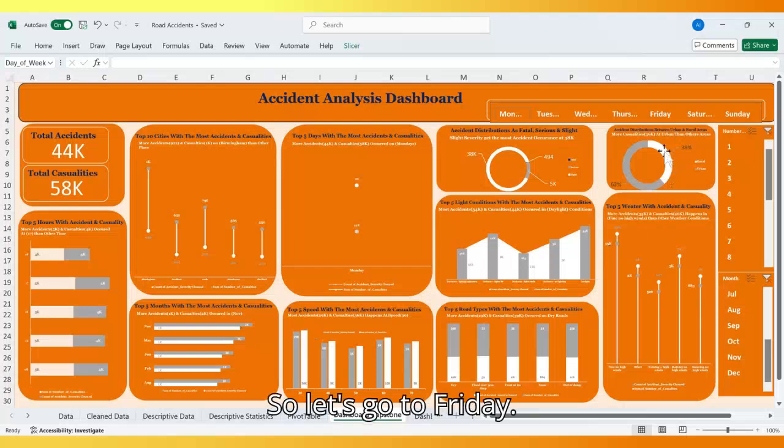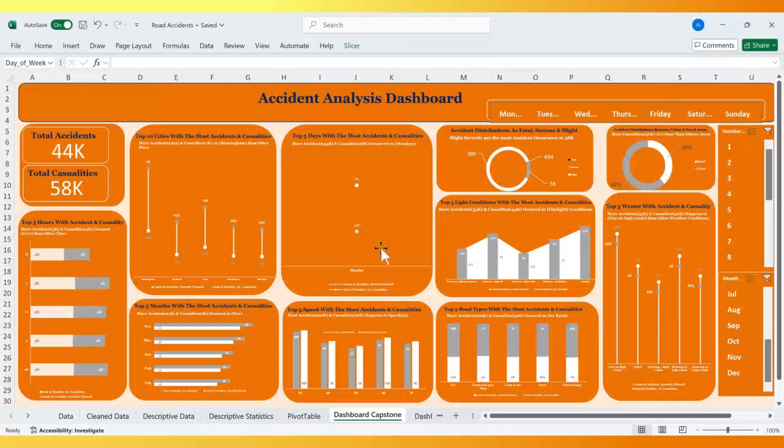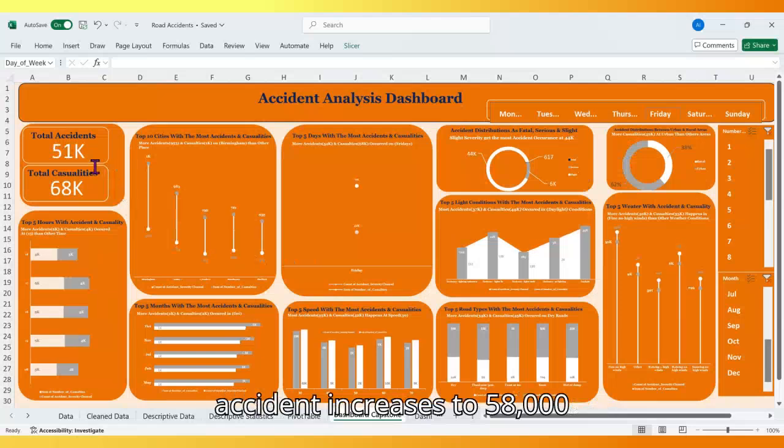So let's go to Friday and see if there are going to be changes. On Friday, we can see that the total accidents increase to 58,000 and the total casualties to 68,000.